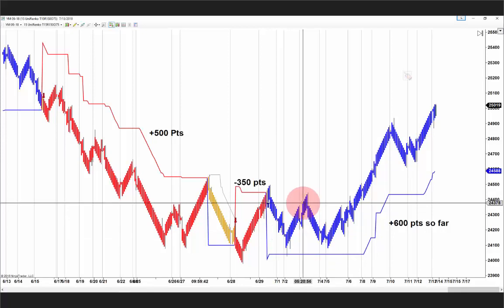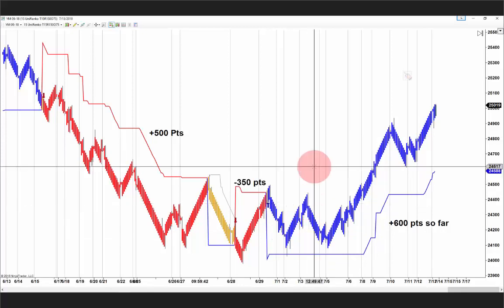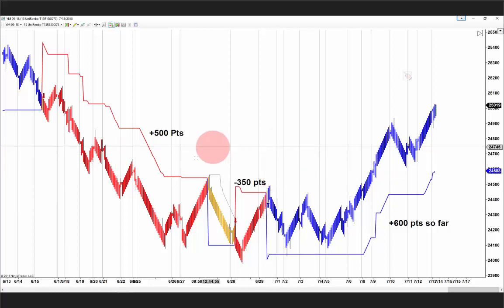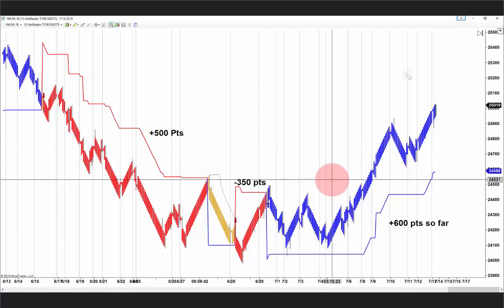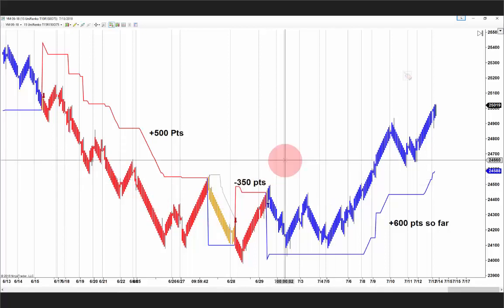Let me know if you have any questions about that in particular. So that's an example of our long-term system configured something like this. What this has produced, guys, in what is 6.5 months or so, is approximately 7,000 points.